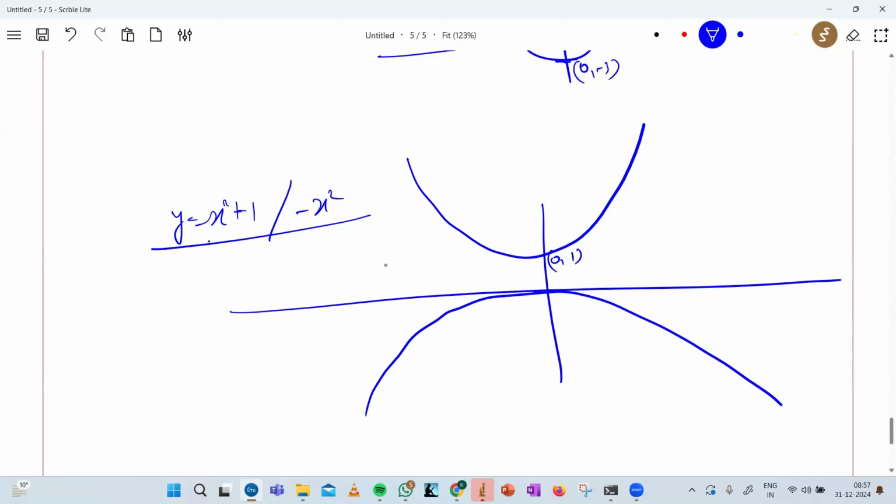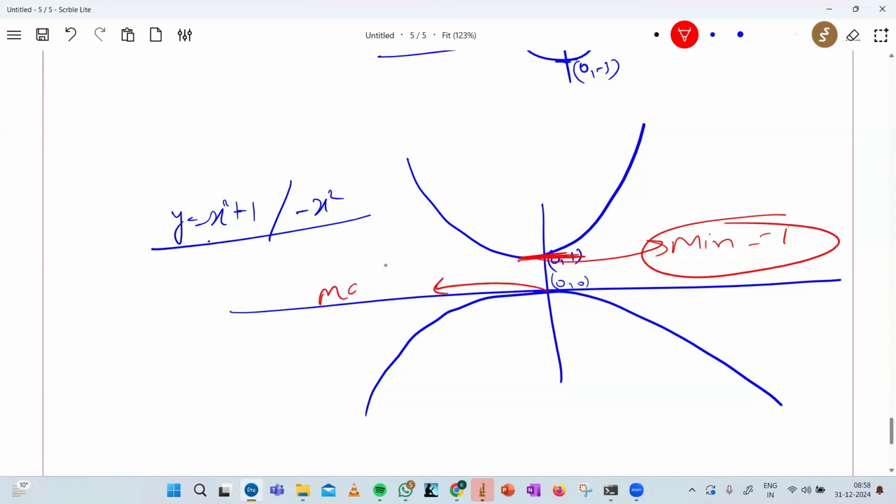And see, they can't intersect anyway, isn't it? Its minimum point is 1, and its maximum is 0. How can they cut in this curve? They can't cut. So they can't have any solution.